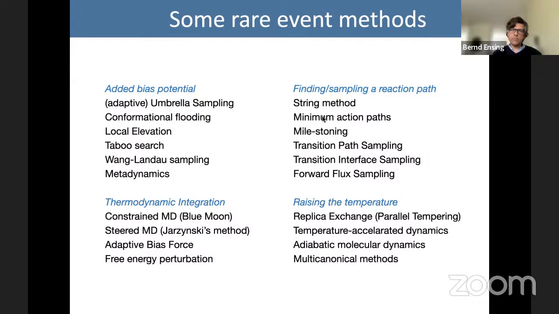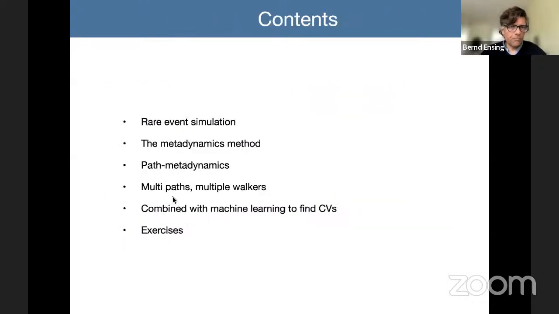We have to optimize that path, like using methods similar to the string method, but we want to bias along that path using these sort of enhanced sampling methods, so metadynamics or umbrella sampling or these sort of methods. So that's where enhanced sampling and all sorts of methods that we can use for that.